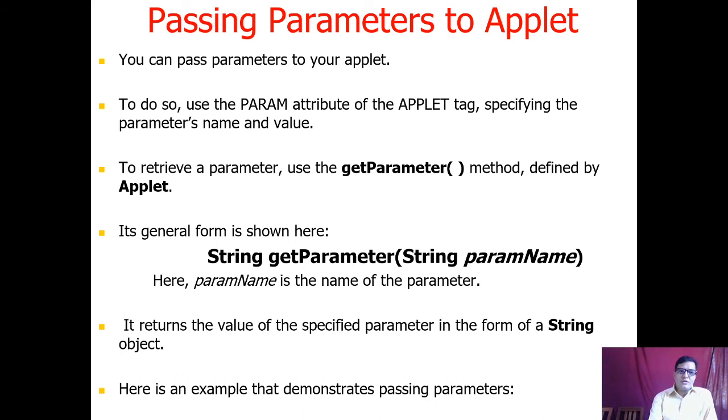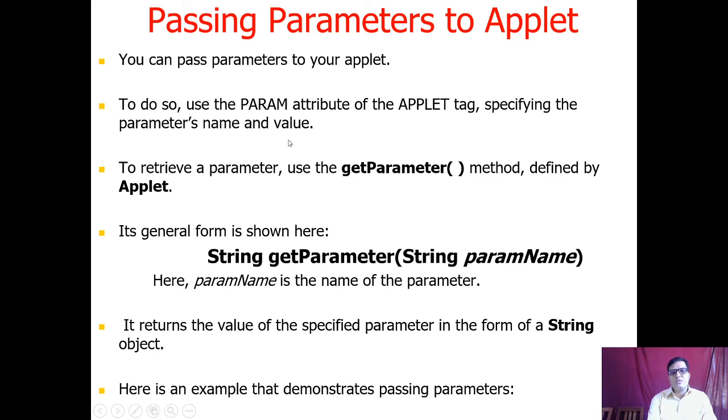To understand this concept, we have to use the param attribute of the applet tag. If I want to pass parameters to our applet, I have to use the param tag, specifying the parameter name and value.